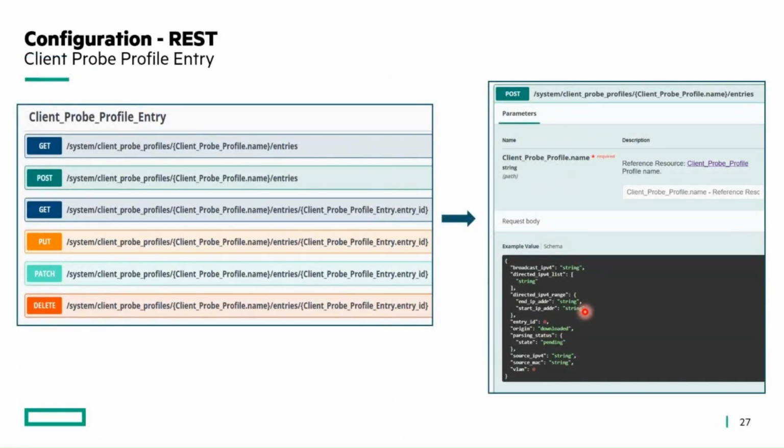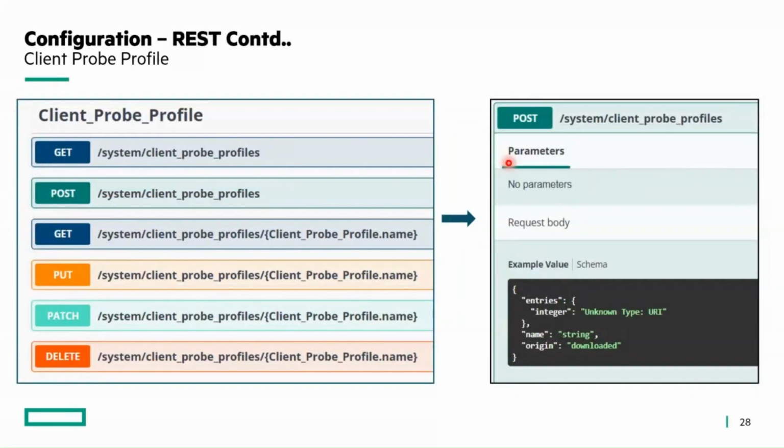So far, we have seen the CLI options. Next comes the REST one. For REST, first we need to create a client probe profile entry. The entry is where, for each VLAN, we create the source, IP, MAC, and destination options. Those profile entries have to be created first. Once the entry has been created, you can associate that entry in the client probe profile context here.